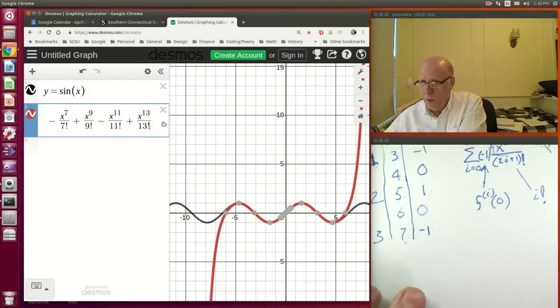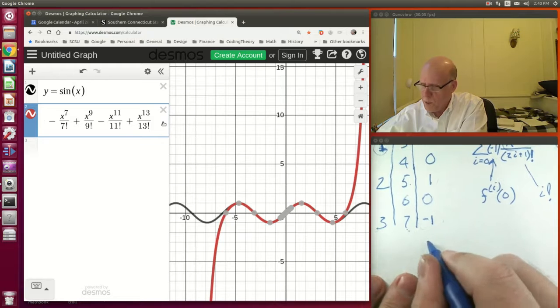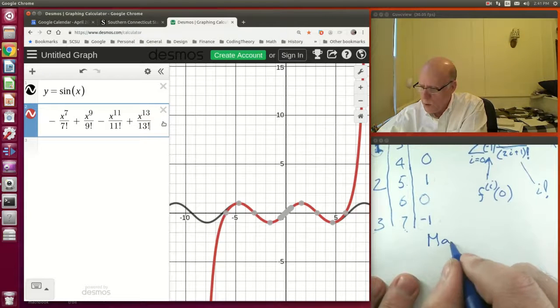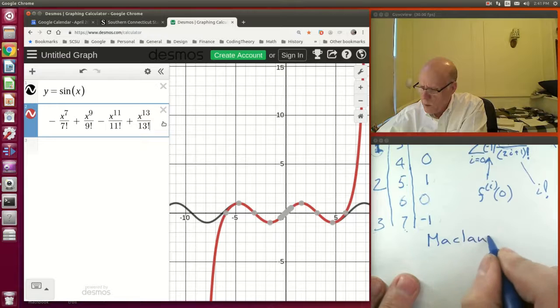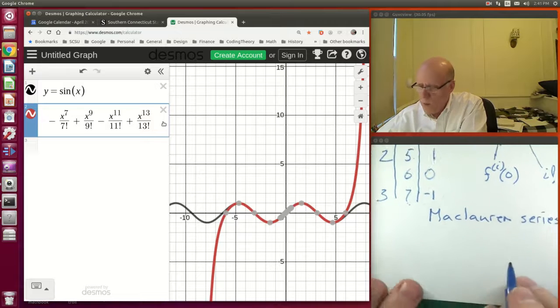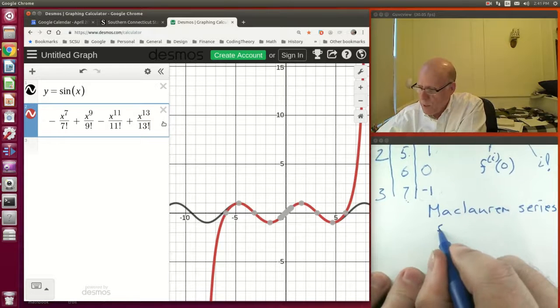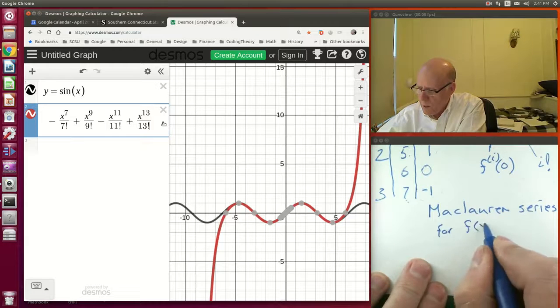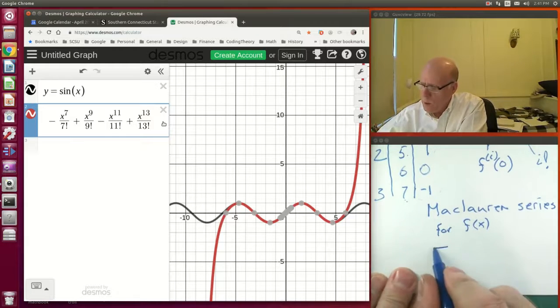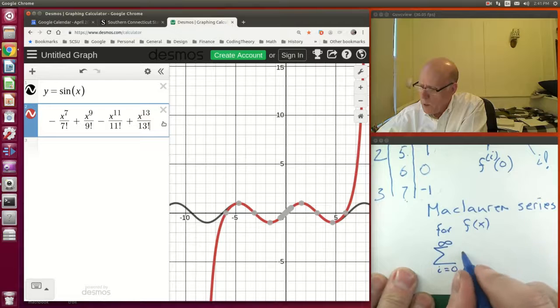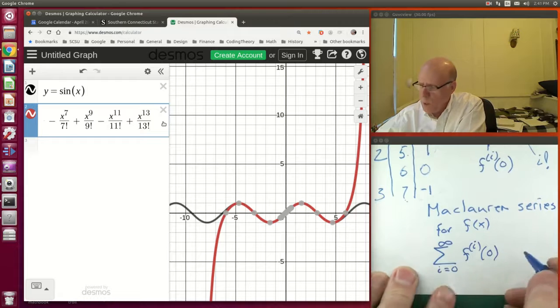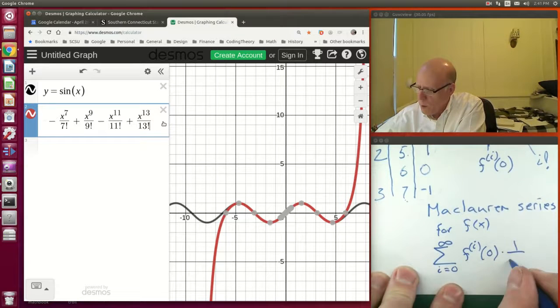So let me write for you what the beast I've been talking about is. It's called a Maclaurin series. And this works for any function f of x. So it's an infinite sum, and it's got the ith derivative of the function evaluated at 0, and it's got 1 over i factorial, because of the way derivatives work.